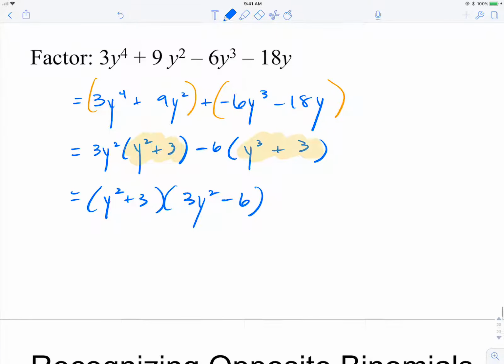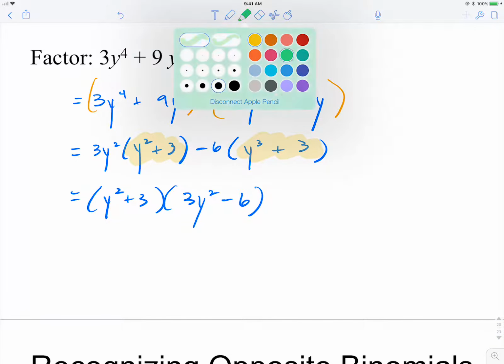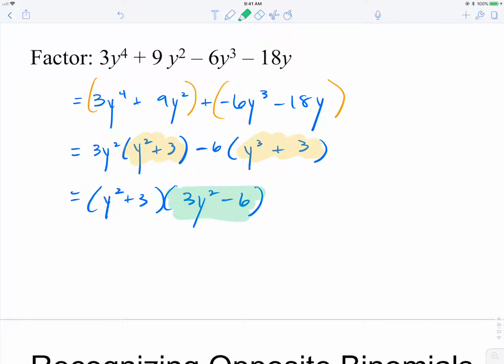Now notice that this factor here actually has a GCF other than 1. It has a GCF of 3. So we could actually factor that 3 out.